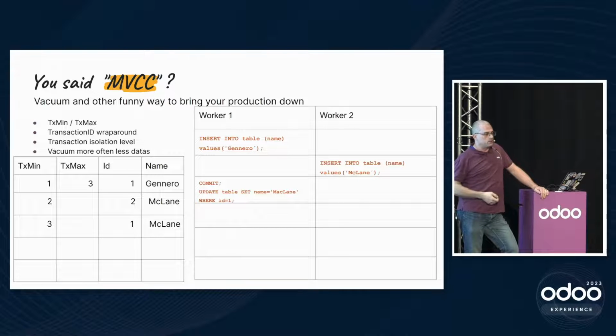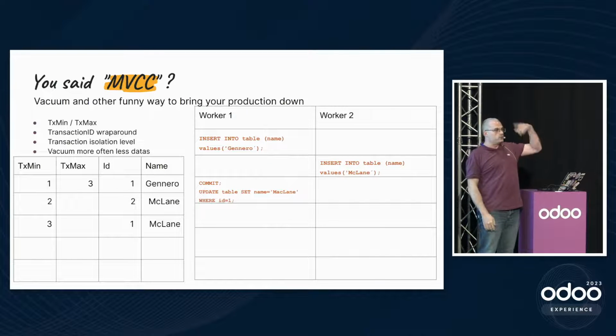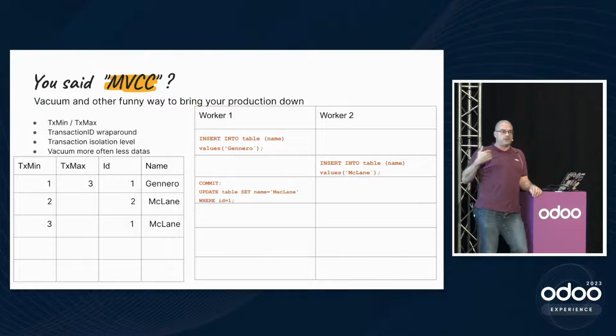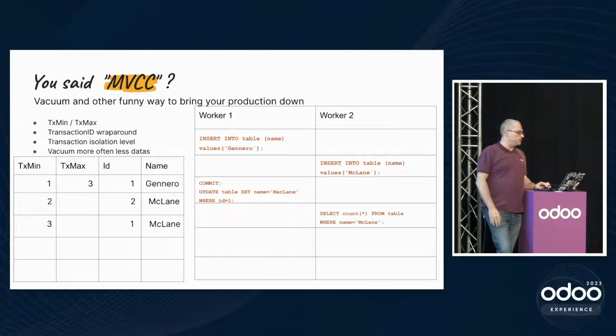He updates a record. When you update a record, PostgreSQL does not really update the record itself. It creates a new line with a new transaction min, and it sets the first record with a transaction maximum of his own transaction. That means when you update records, you leave crap in your tables. And it is necessary to clean all this.